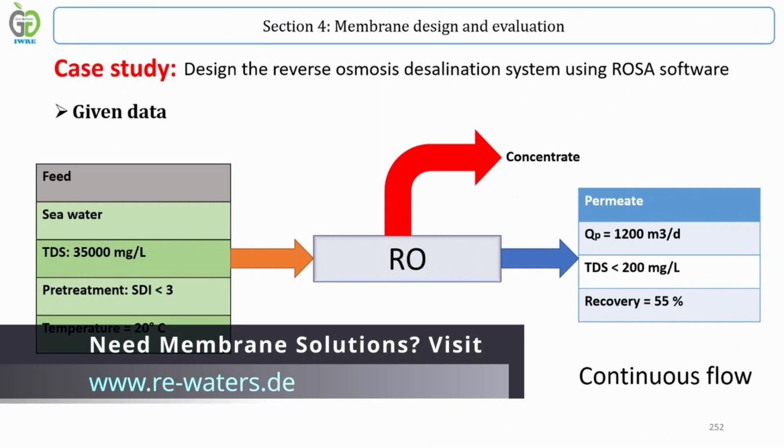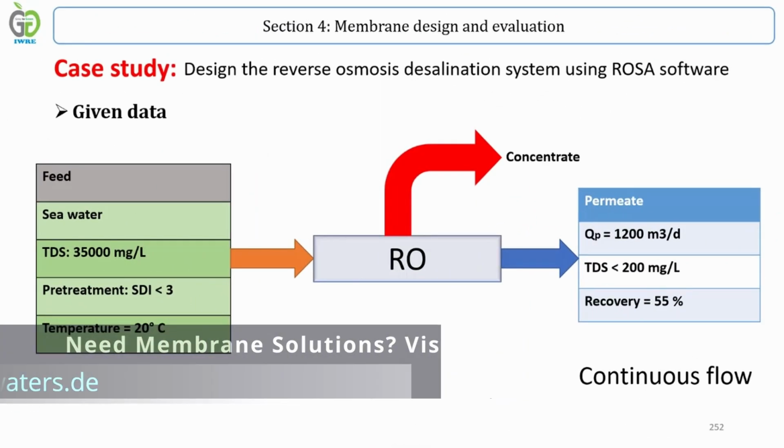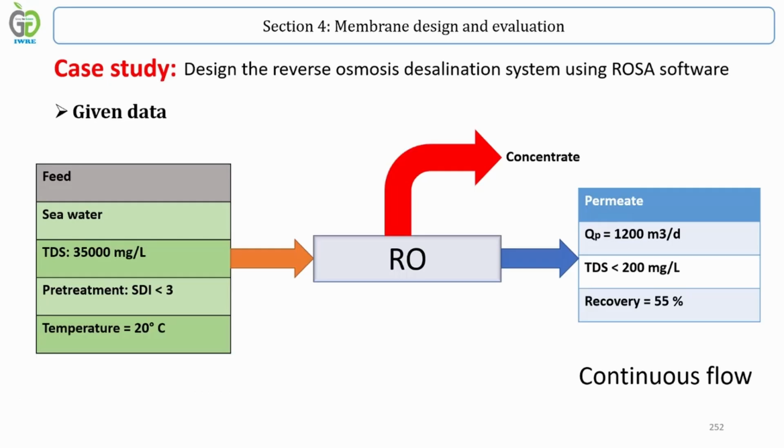A case study with the following given data is considered for this design. As you can see, the feed is seawater, TDS 35,000 mg per liter, SDI is less than 3 based on the pre-treatment in this system, and temperature is 20 degrees Celsius.